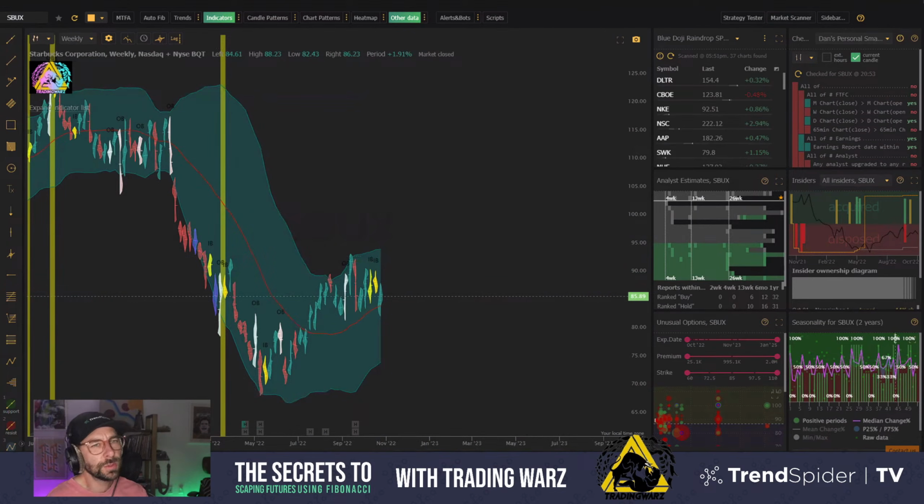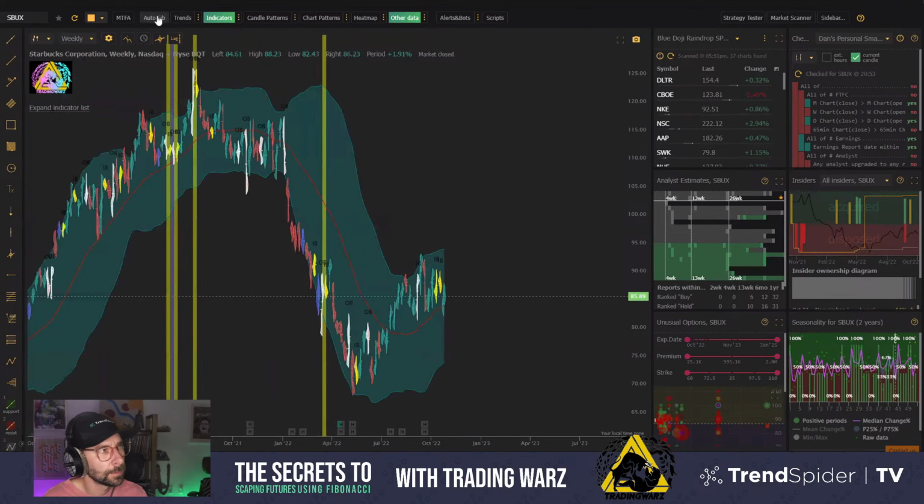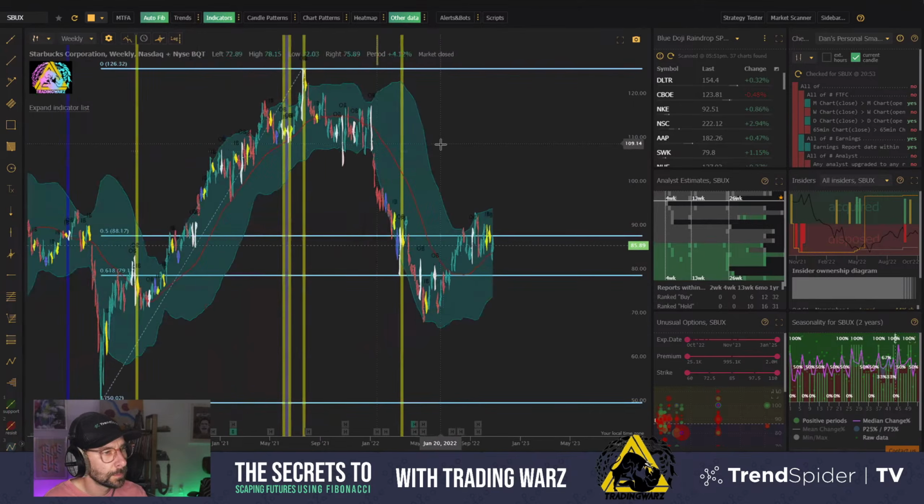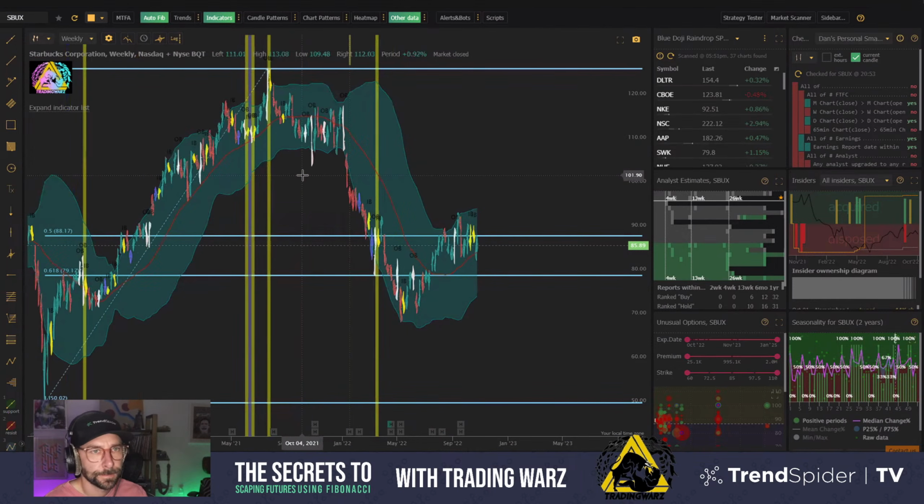Are you using the auto fibs at all, or are you just drawing them all manually? Yeah, I do them manually. Sometimes I don't agree with the anchors, but this one is a good example. This is like a big picture anchor. For day trading, I think for the bigger time frames like the weekly and monthly, the auto fib works really well. But for day trading, I'm just really trying to look at the price action individually based on the first 20 minutes or so.